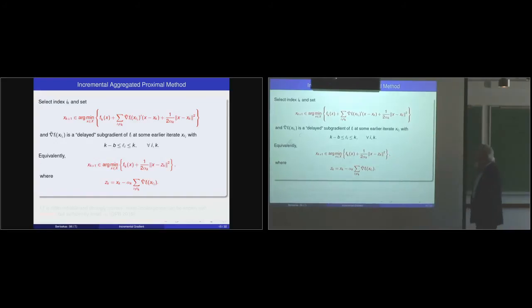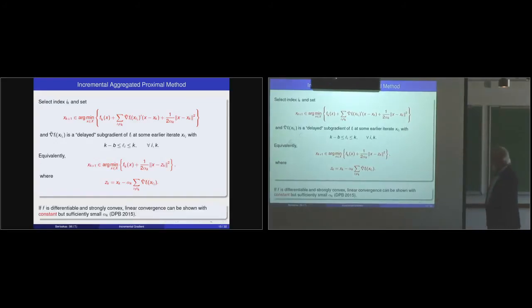From a practical point of view, the two approaches are not different. And you can prove the same result as the one of Balaban, Ozdaglar, and Parrilo for this method. Linear convergence rate with a constant step size, provided the fi are differentiable and strongly convex. And again, you have the option of combining the two methods and so on.